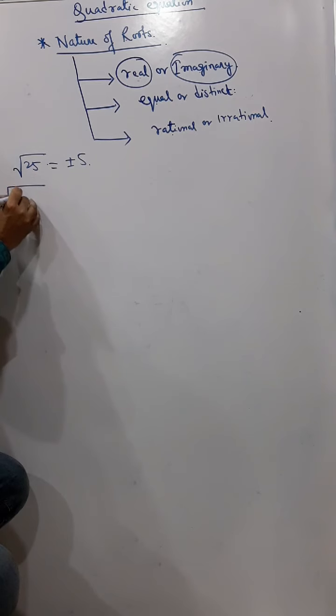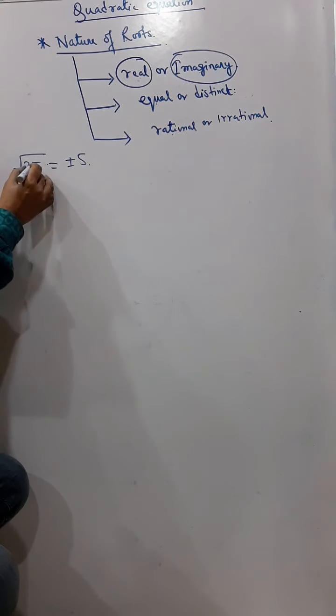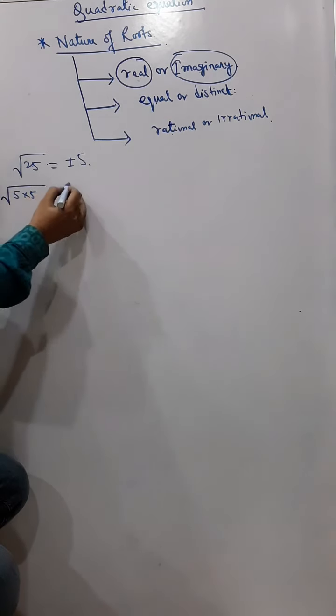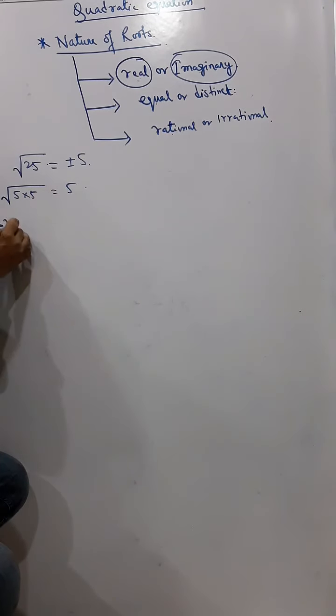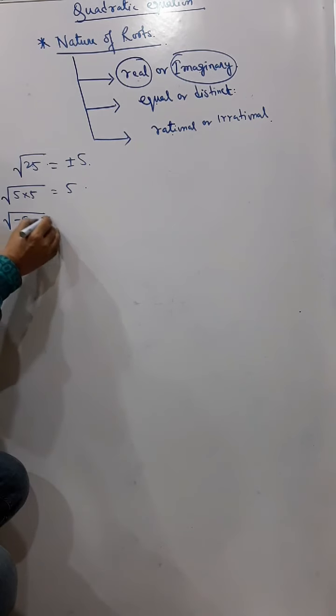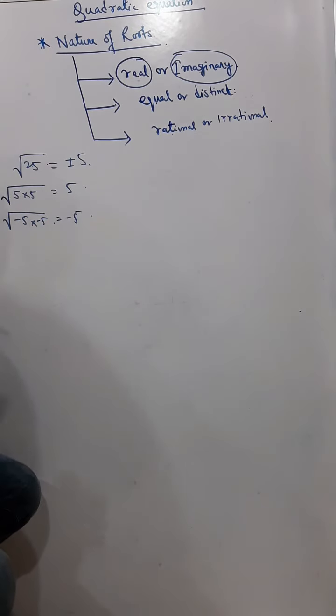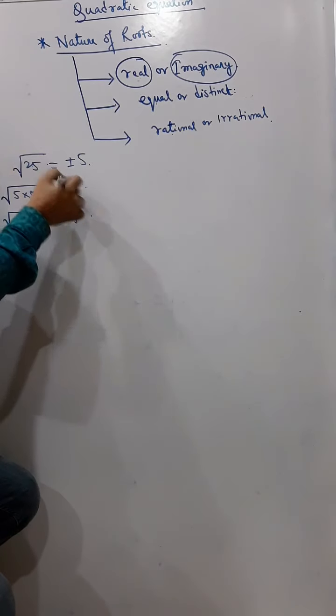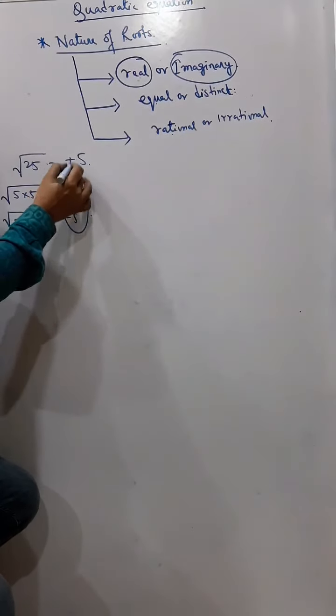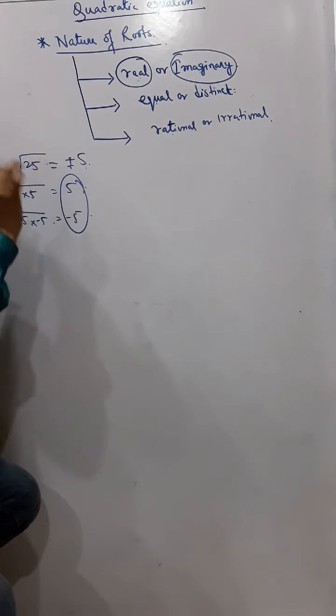Because plus 5 into plus 5 is 25, and minus 5 into minus 5 is also 25. Hence for root over 25 we generally write plus minus 5. So this is a real number.